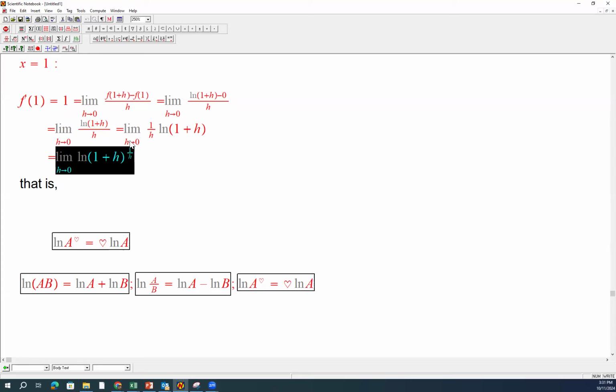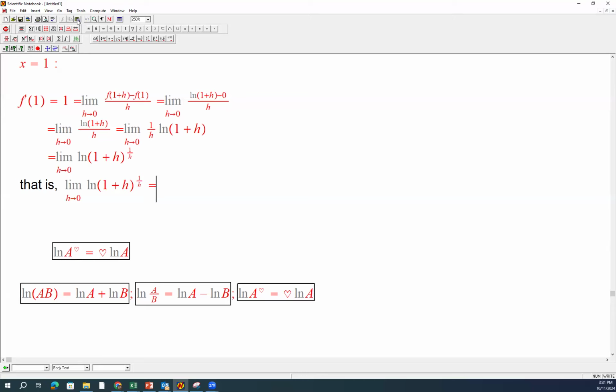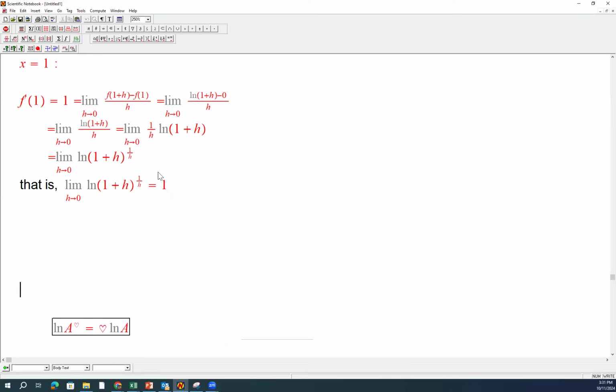That is, this limit is equal to 1. And next, we basically got another representation of 1, because this limit is proven to be equal to 1.